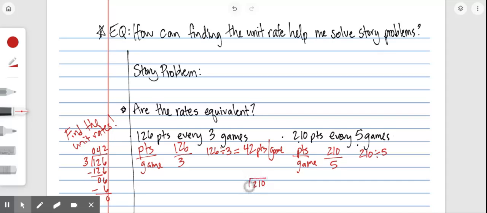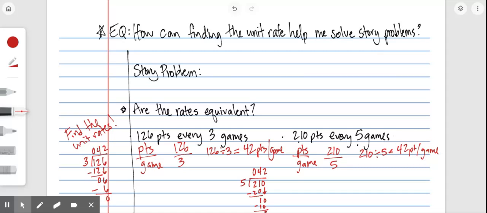I'm sorry. 210 divided by 5. 5 goes into 2 0 times. 5 goes into 21 4 times. 5 times 4 is 20. And then I have 1 left over. I bring down the 0. 5 goes into 10 2 times. This is 42. So this one is also 42 points per game.